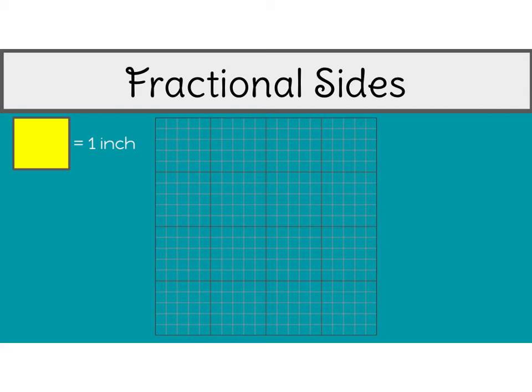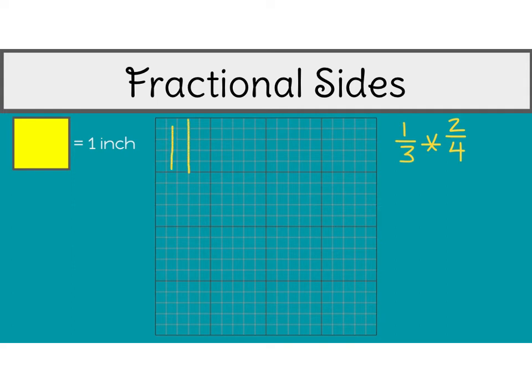So let's say that we have the problem 1/3 times 2/4, for example. I would take one of these square inch tiles and divide it up into thirds for the first example, because our first factor is 1/3.